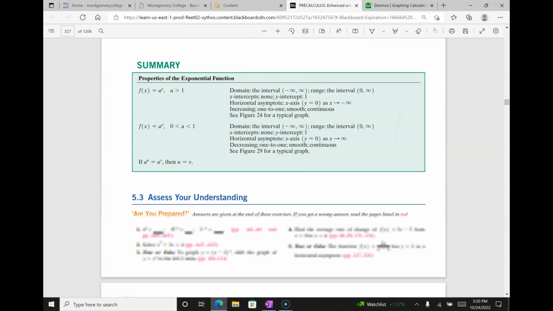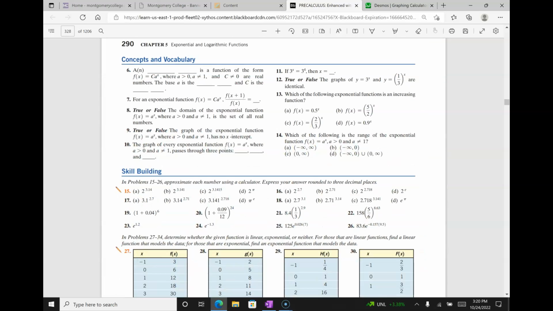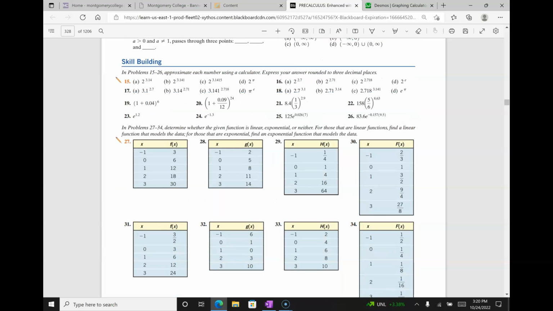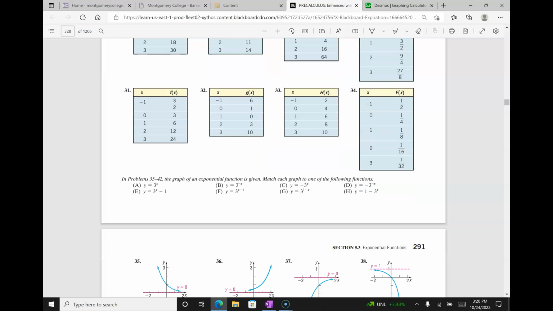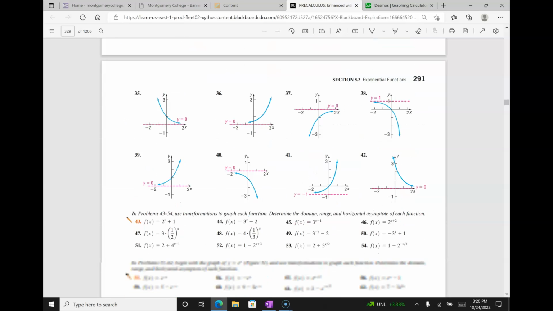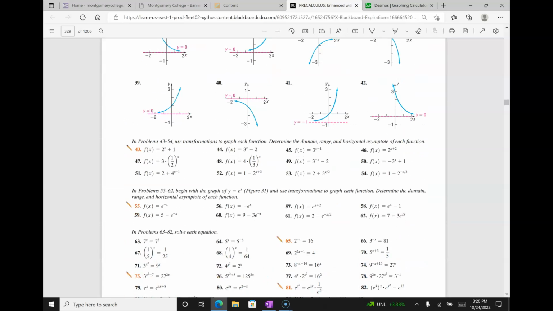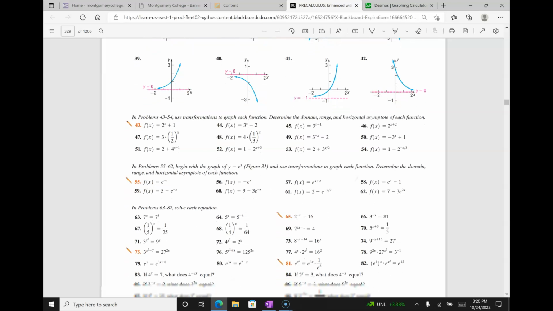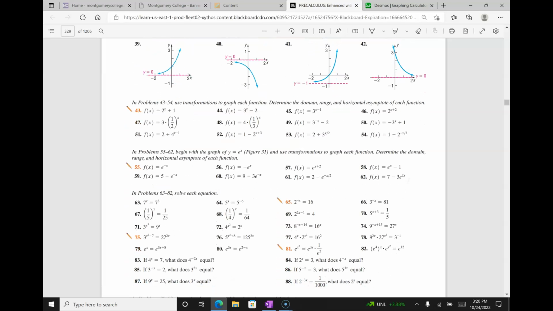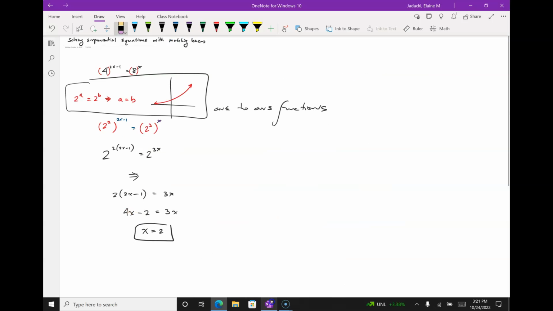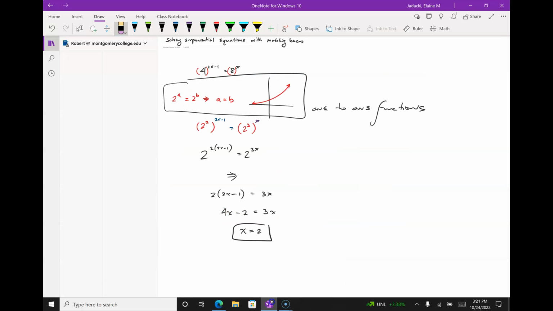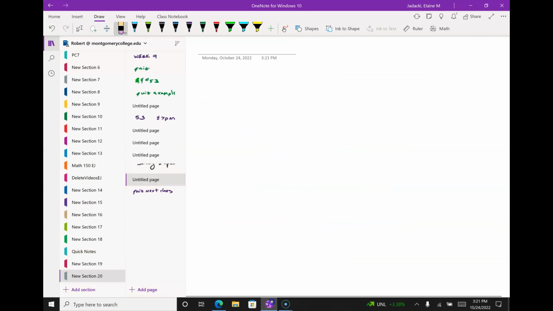So let me jump right to problems. I like up to 87. So this is 5.3, suggested problems.